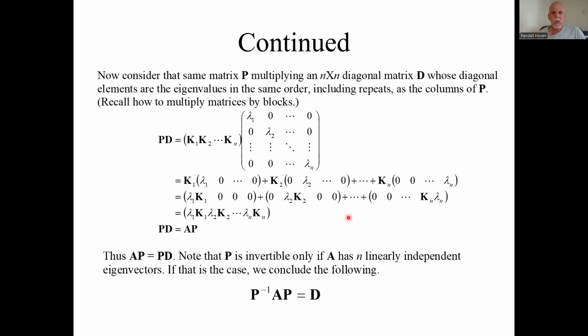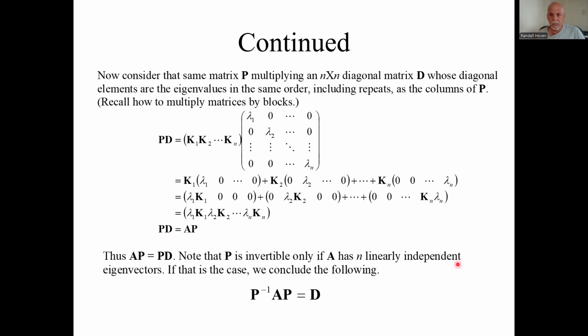Which then means this, which then means this. But this is just A times P. So this is a true statement: P times D, this D, equals A times P. Now, one step further. If all the eigenvectors are linearly independent, then P is invertible.